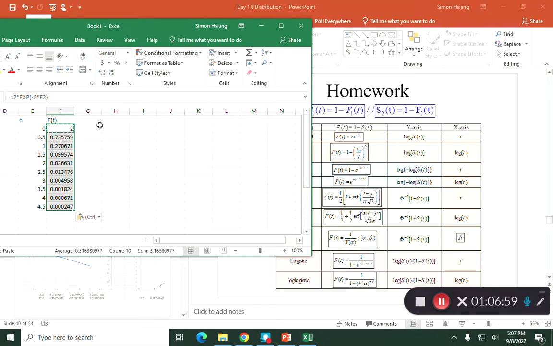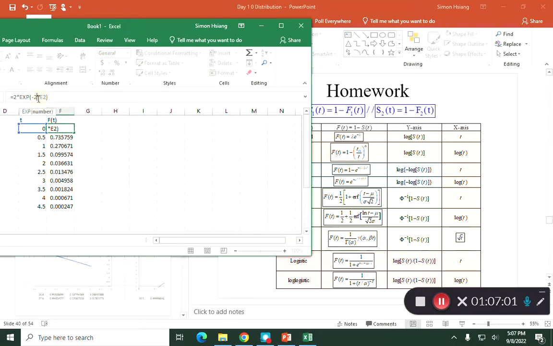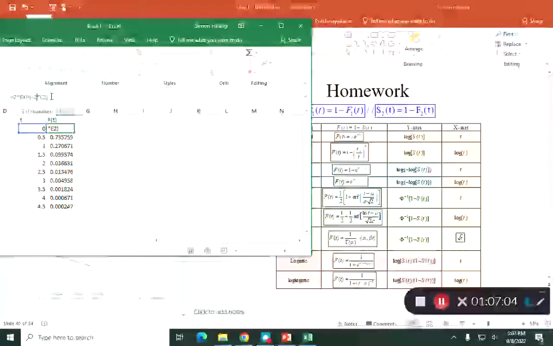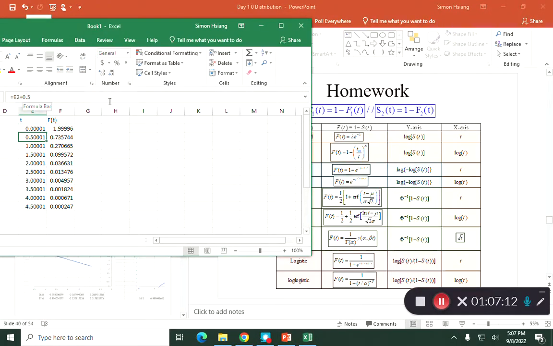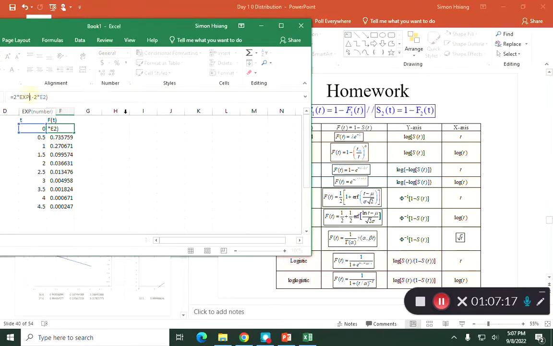I already know I got it wrong. Oh, I cannot start from 0, I have to start from 0 point something. Still not right.